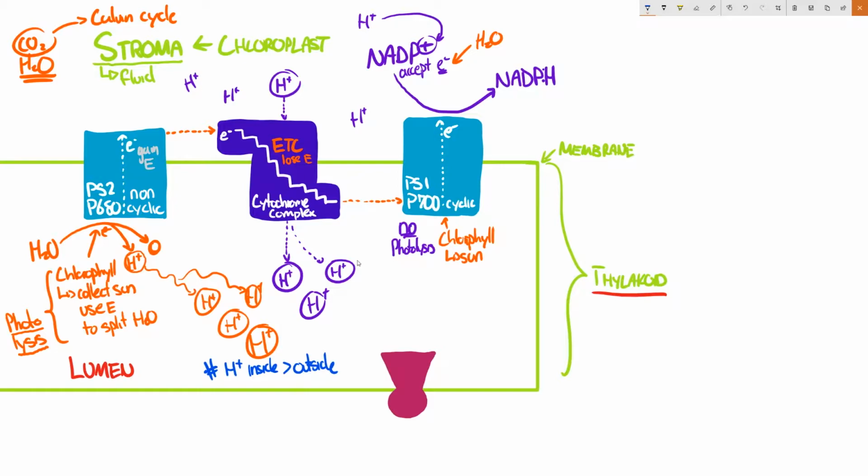What is this going to do? It is going to establish a voltage. It is going to establish an electrochemical gradient. An electrochemical gradient.